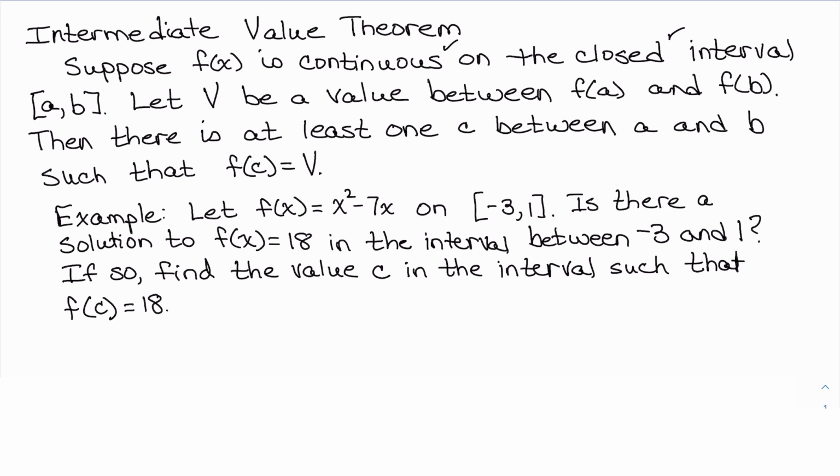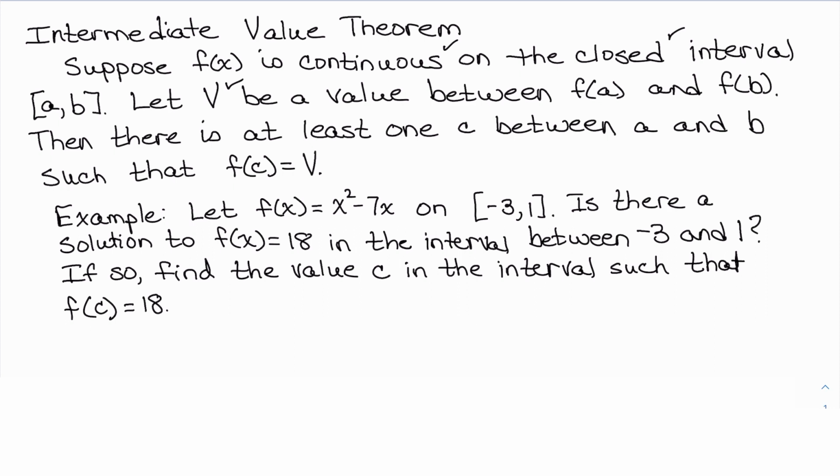It says, is there a solution to f of x equaling 18? So our output is 18. That's corresponding to this v value, in the interval between -3 and 1, the same numbers that we had in the closed interval up here.